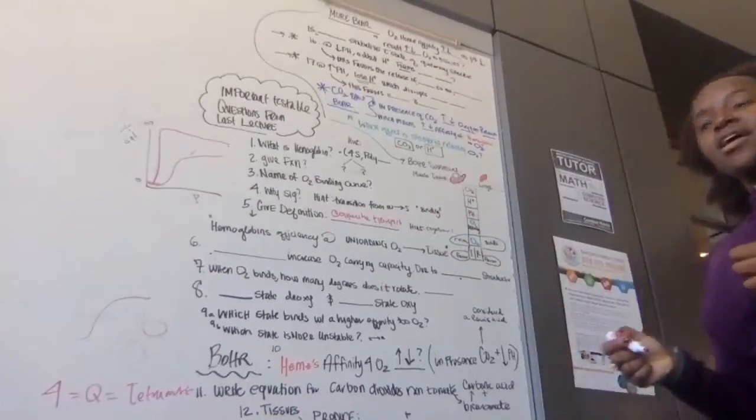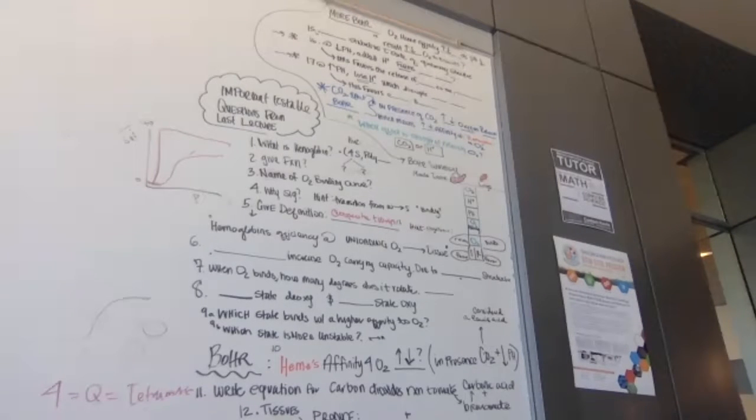I don't know if she'll ask this, and I'm probably gonna say that a lot, but I feel like when she spent like 4 to 5 minutes on cooperative transport, it was talking about the release and the binding of oxygen to hemoglobin. Anyway, the next question will make more sense.